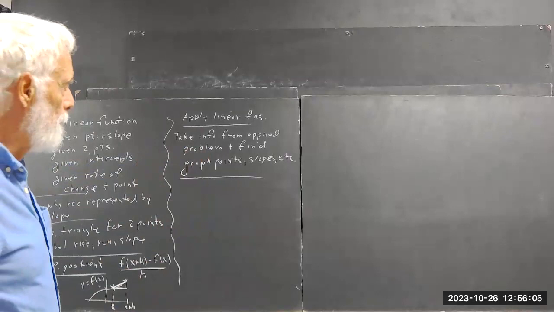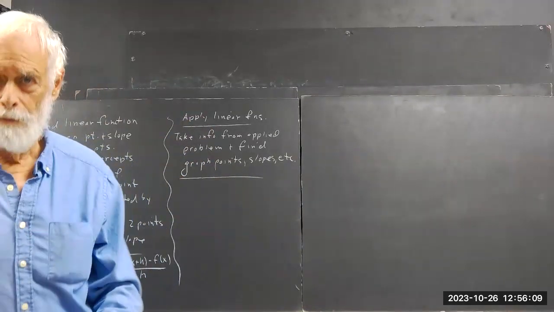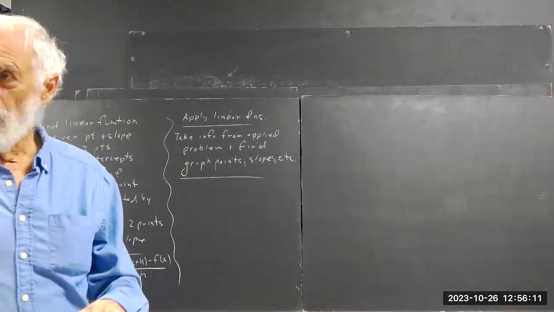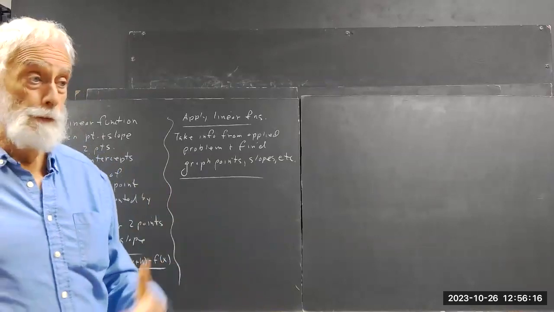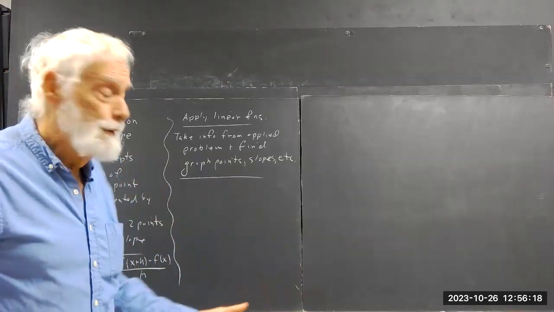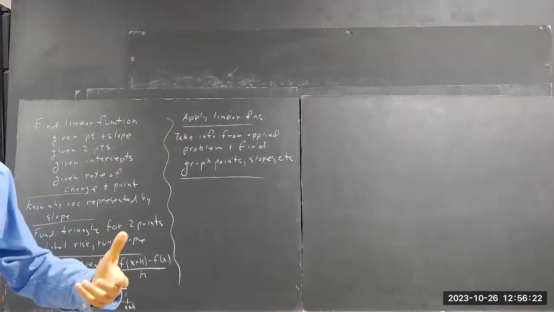Take information from an applied problem, from the statement of a problem, and put that information on a graph. If you can do that, then knowing how to construct graphs and how to get the graph of a function given certain information, like a linear function given a point and slope or something like that, okay?